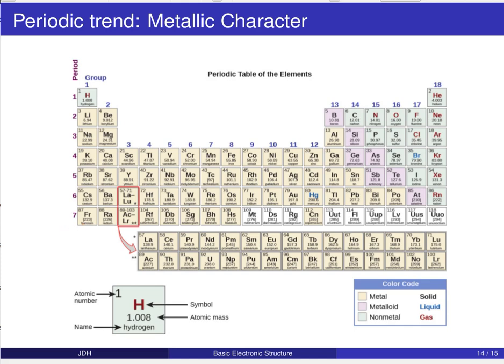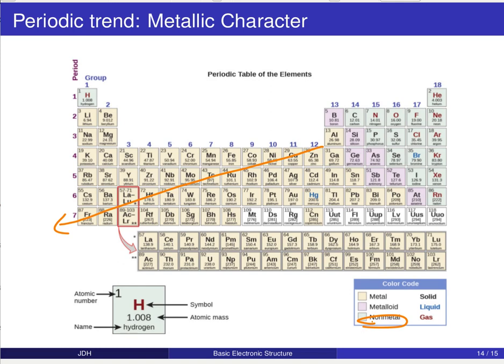So metallic character is basically increasing as you go down this direction, and decreasing, of course, if you go the other direction, to the extent that if you go up to this top right corner, you actually have non-metals, okay? So non-metal compounds. So metallic character essentially does the exact opposite of electronegativity.